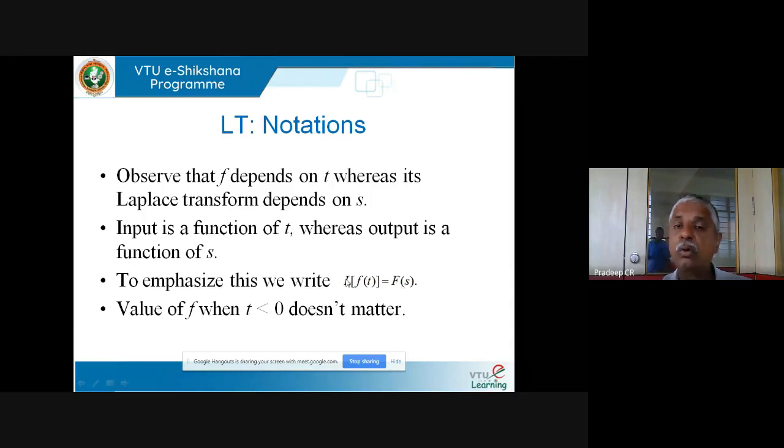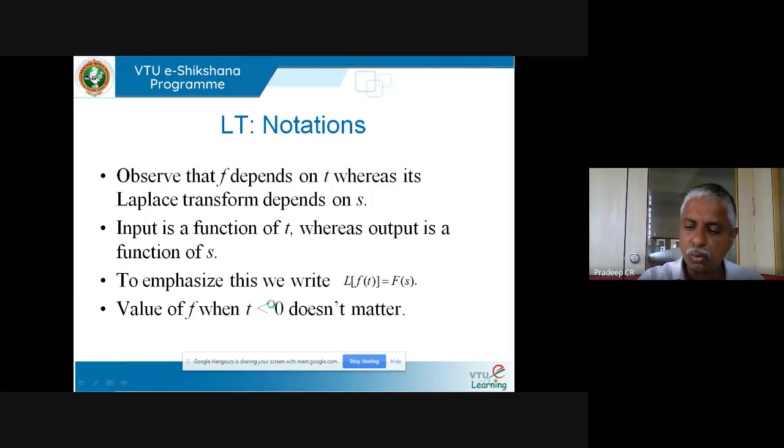This is a notation, that's all. L of f(t), I'll call it capital F. So whenever I write capital F, even if I don't mention it, it means capital F is the Laplace transform of small f, which I'll tell you in the course of the lecture.